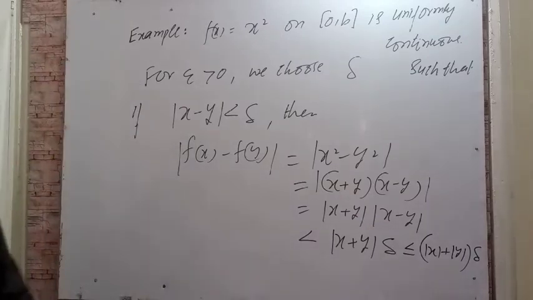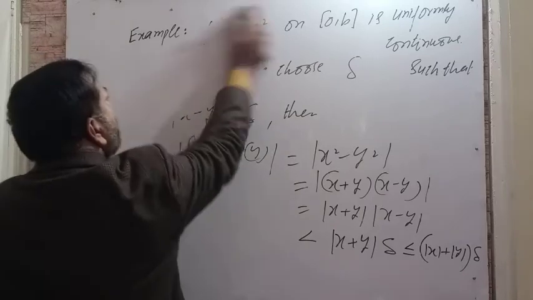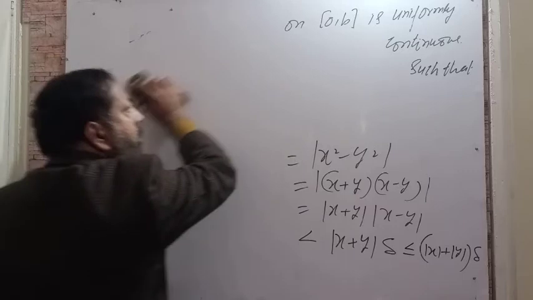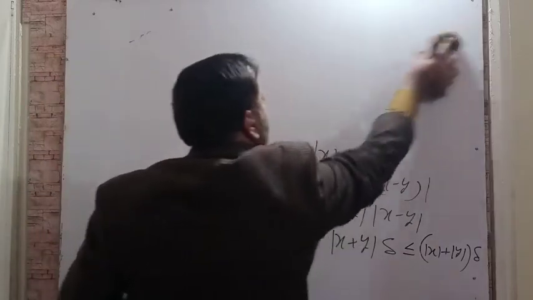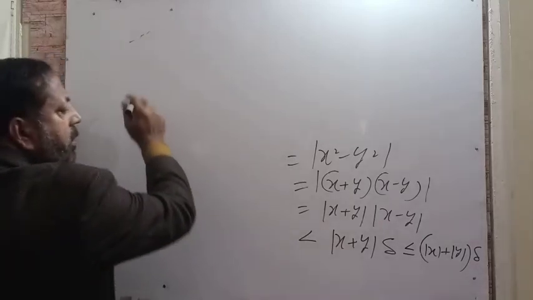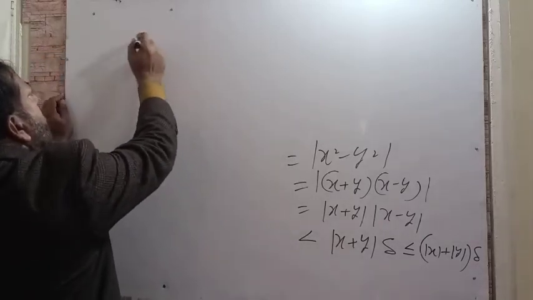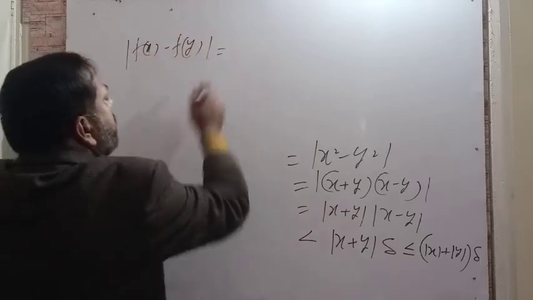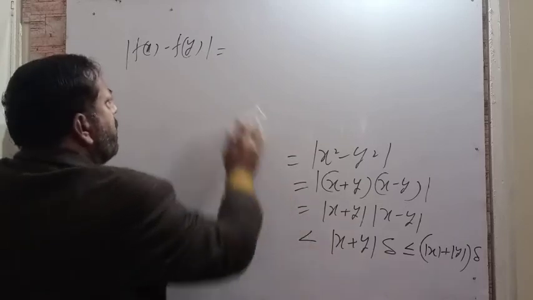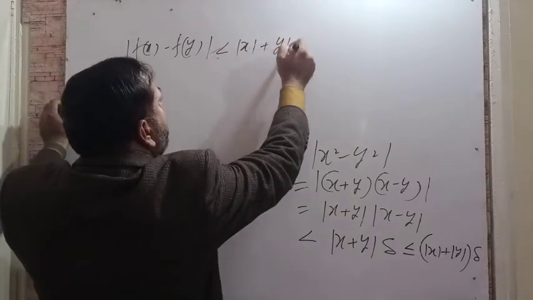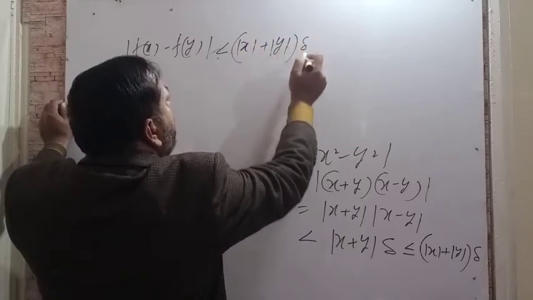So I can write |f(x) − f(y)| < (|x| + |y|) delta.